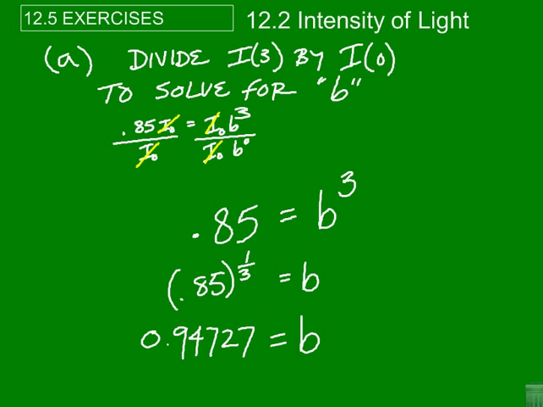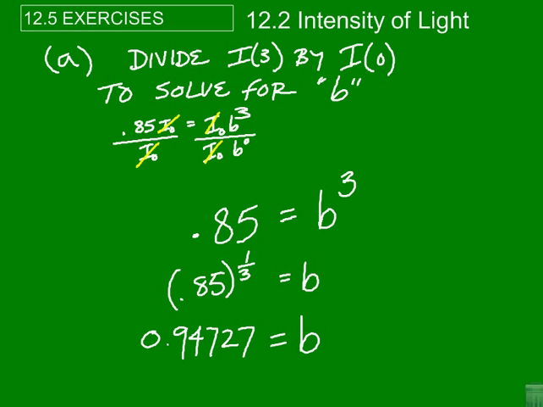0.94727, or some kind of rounding in there, is the same as 0.85 to the 1/3, or the cube root of 0.85. So if you want to mess around with that in your calculator, you can do that. Take the cube root of 0.85. Some of you have that button on your calculator.